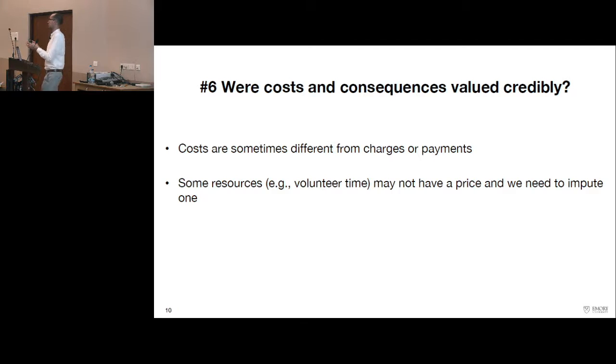By this I mean, for example, if they use an expert judgment, that may or may not be credible. If they use an expert judgment for costs, then a good sensitivity analysis should have been performed. In that case, that's fine. But if they just use an expert judgment, took one value, plugged it in, and that's it, I don't trust those results.